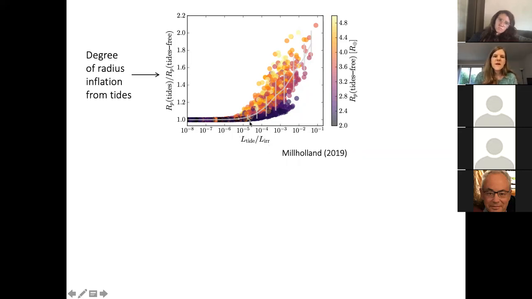So it's clear that when this ratio of tidal luminosity to incident stellar power is big enough, bigger than about 10^-5, then tides can pretty substantially inflate the planetary atmosphere, up to about a factor of 2 times its size compared to if we were just ignoring the effects of tides.